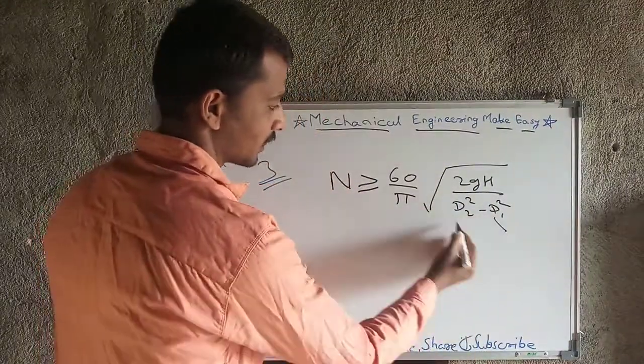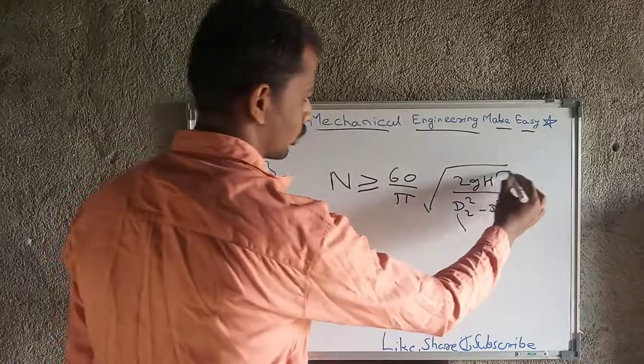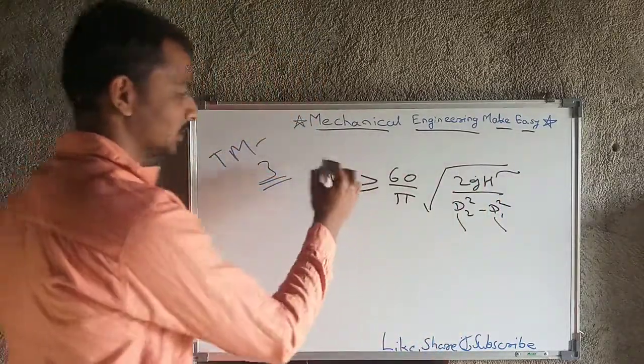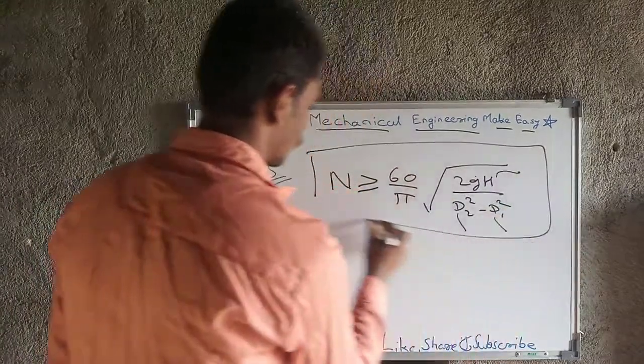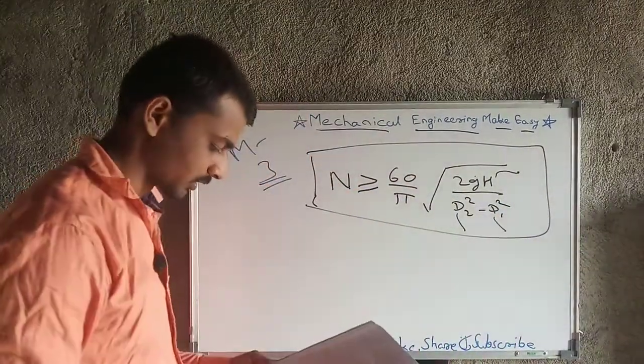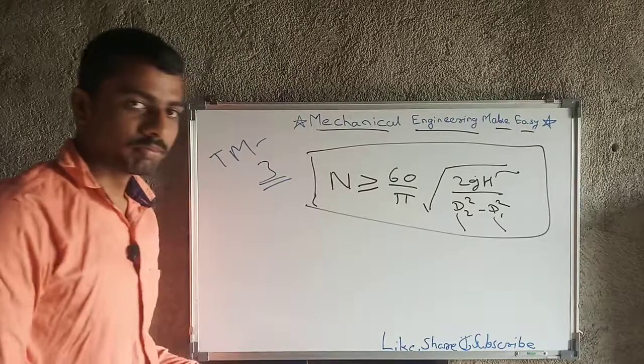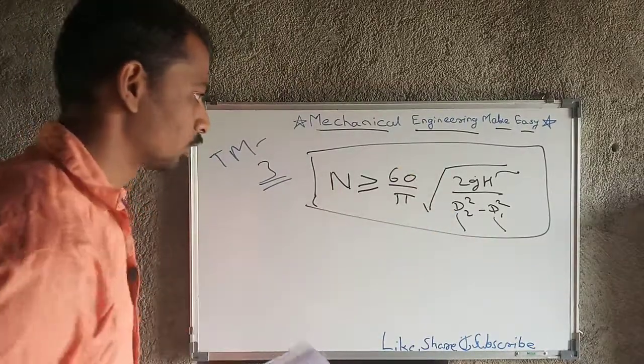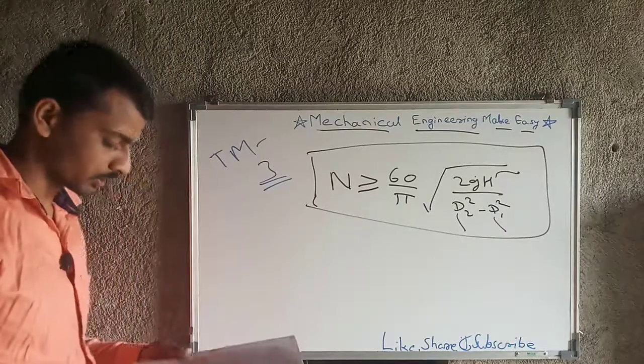Here d1 is the diameter at inlet, d2 the diameter at outlet, H the head developed by impeller. This is the minimum starting speed for a centrifugal pump. Note it down, this is also a very important concept.